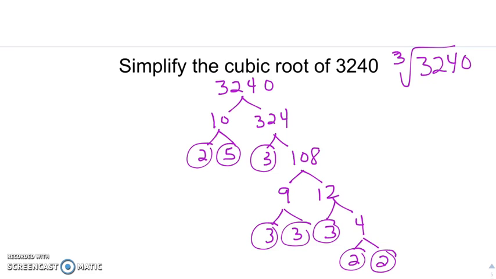So I'm going to look for groups of 3 numbers. I have 1, 2, 3 2's. 2 cubed is equal to 8. Therefore, to start simplifying this, I can think of the cubed root of 8 times.